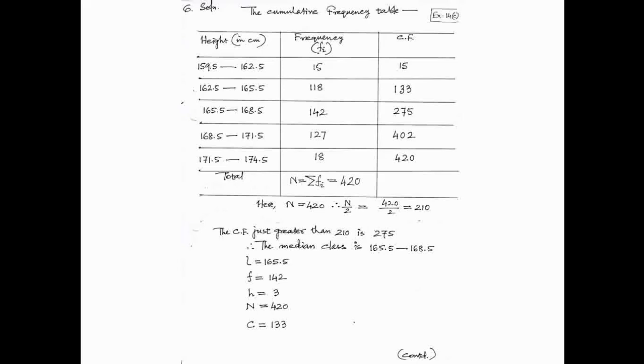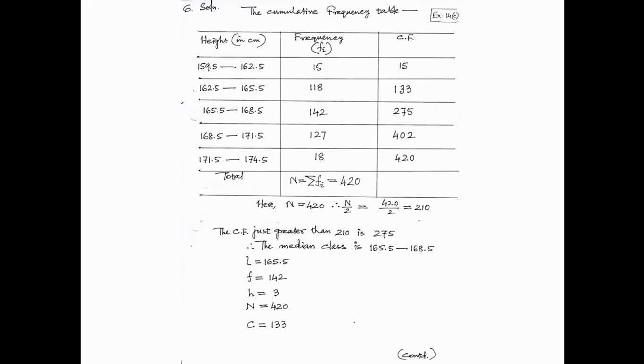First, I have calculated the conversion factor, that is 0.5, and I subtracted it from the lower limit and added it to the upper limit. In this way, I have calculated the class intervals. So it is written height in centimeter, height of students. Then frequency I have written as it is.